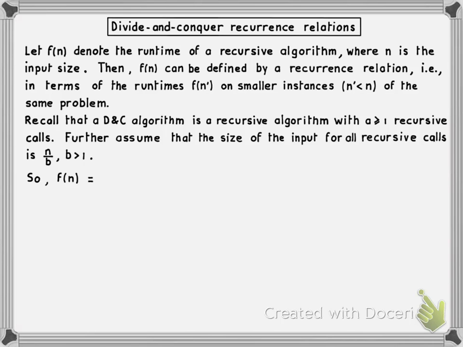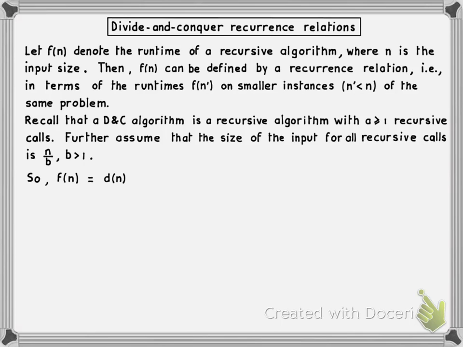How long does the divide step take on an input of size n? Well, that's going to depend on the particular algorithm. So we're going to call that function d of n. It's the time it takes in the divide step for an input of size n. Okay, so now we need to add the runtime of the conquer step. So what does the conquer step do? Well, it makes a recursive calls.